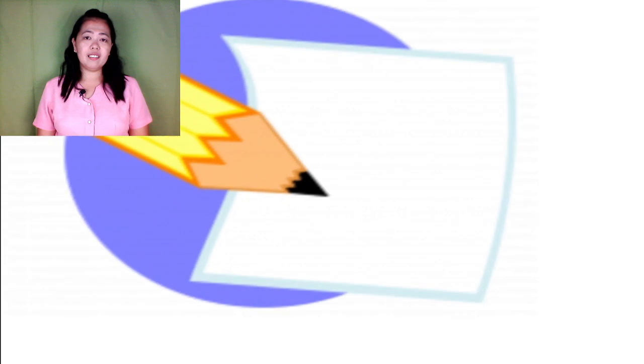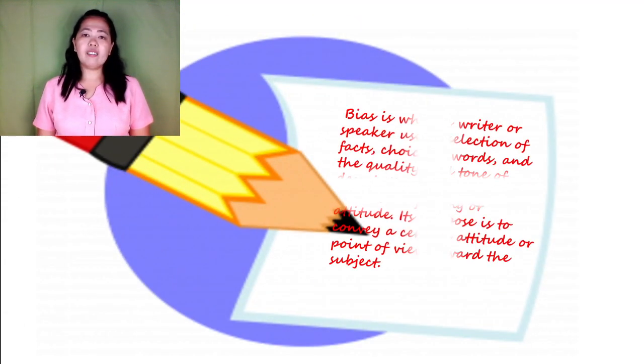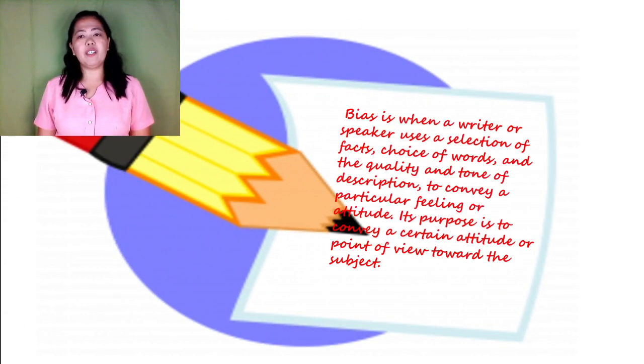In fact, a bias is when a writer or speaker uses a selection of facts, choice of words, and the quality and tone of description to convey a particular feeling or attitude. Its purpose is to convey a certain attitude or point of view toward a subject.